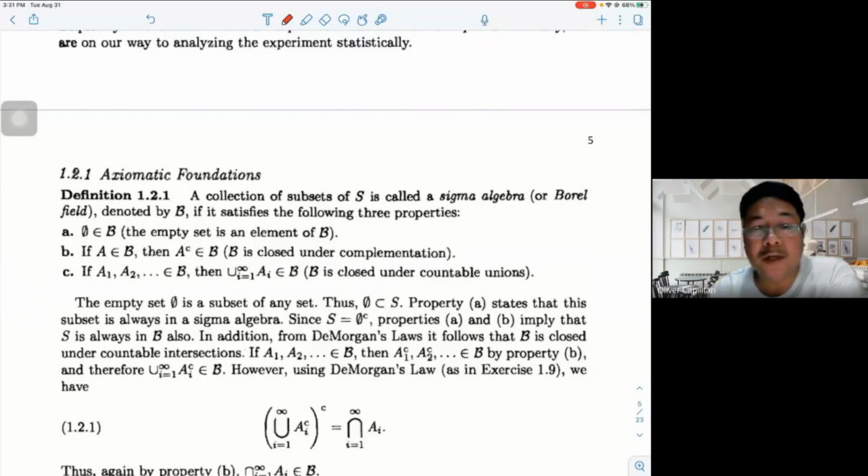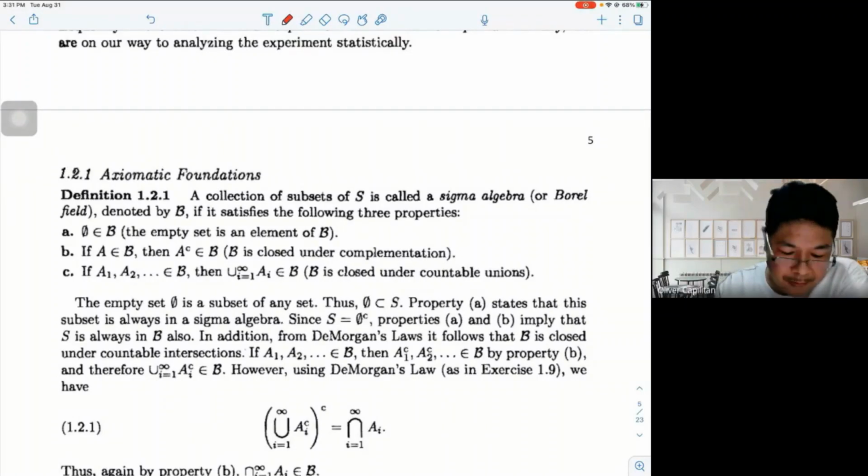A collection of subsets of our sample space S, sometimes called the events of S, is called the sigma algebra, or a Borel field. It is denoted by the symbol script B. Some books use script F for this sigma algebra or Borel field. It must satisfy the following three properties.